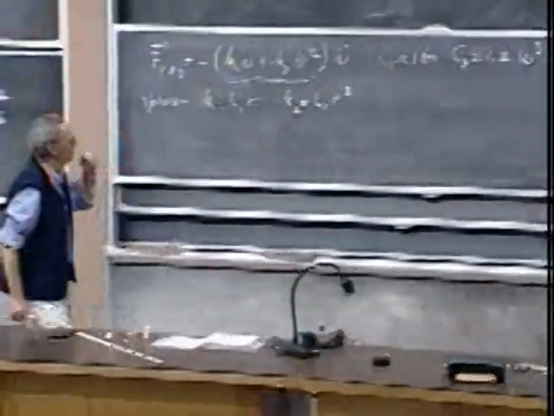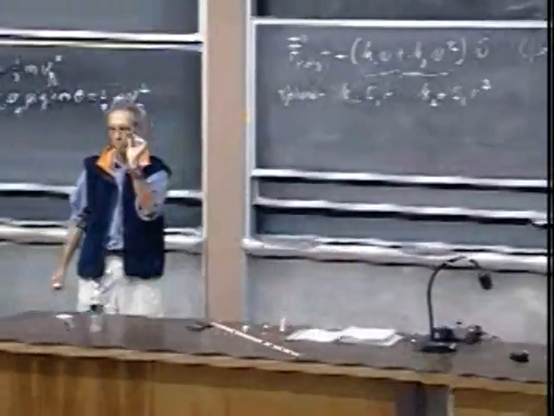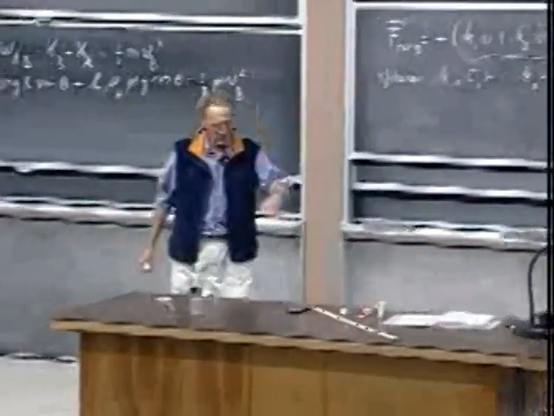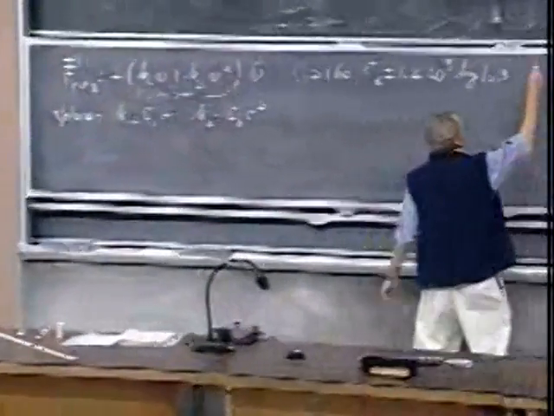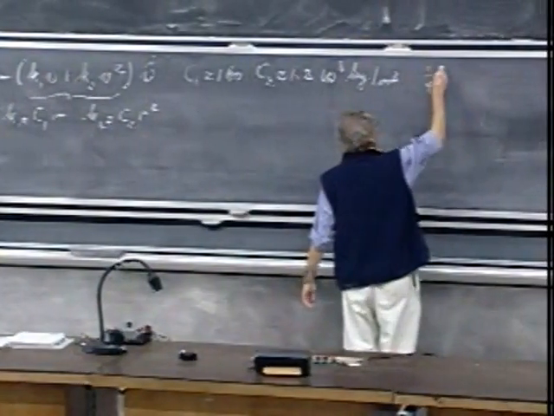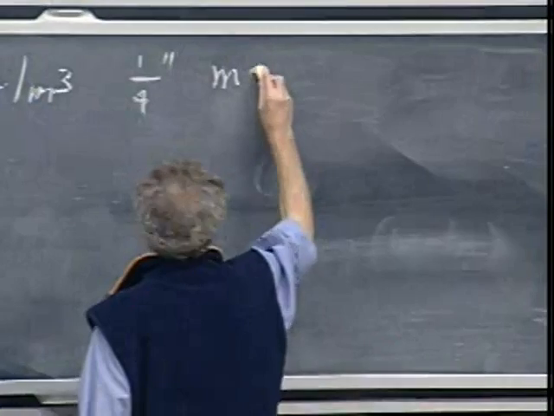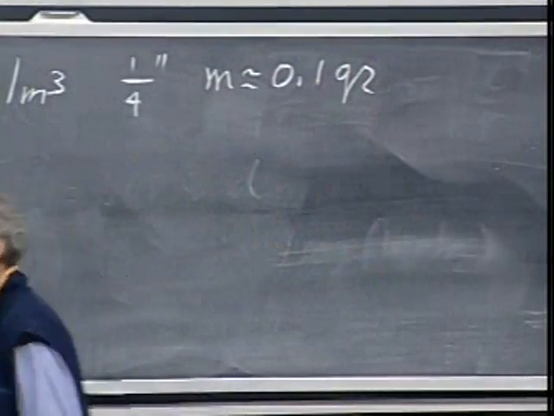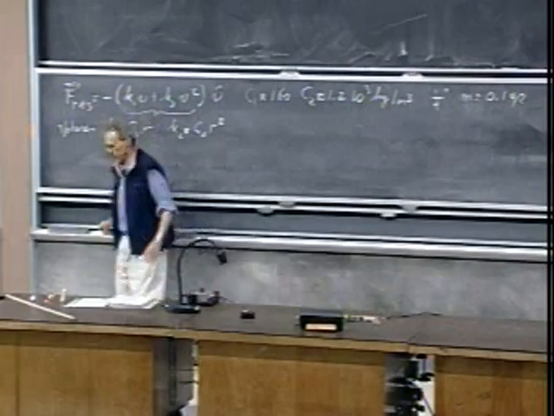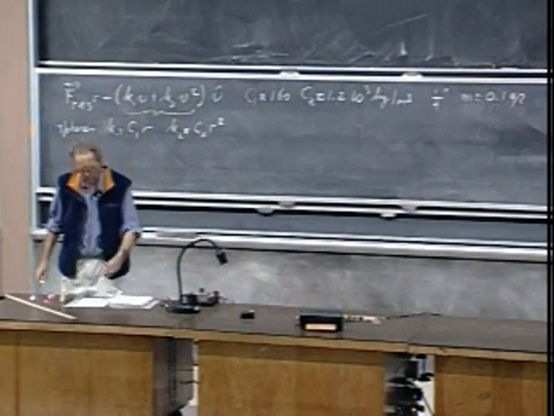And so we had ball bearings from 1/8 of an inch diameter to 1/4 of an inch, and we dropped them in the corn syrup. If we take the one for now which is 1/4 of an inch diameter, then the mass of that one is about 0.1 grams. We knew the density of steel, so you can figure out the mass. Just take my word for it.